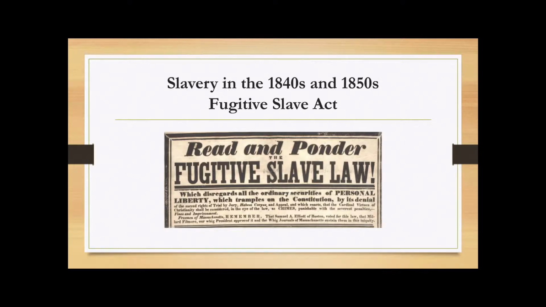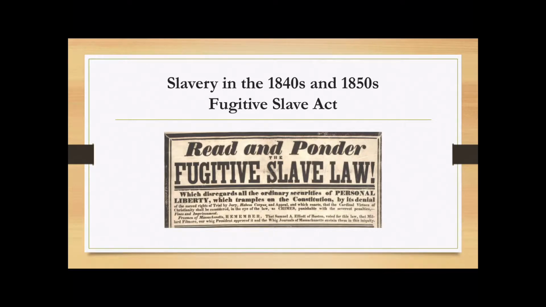The compromise lasted until the passage of the Kansas-Nebraska Act in 1854, when Illinois Senator Stephen Douglas proposed legislation allowing the issue of slavery to be decided in the new territories.